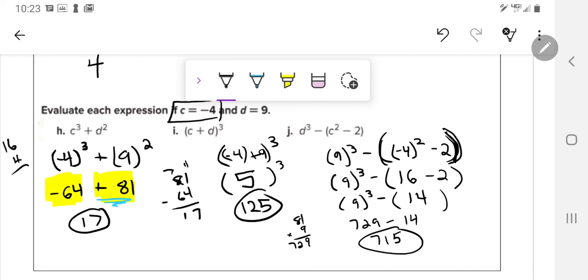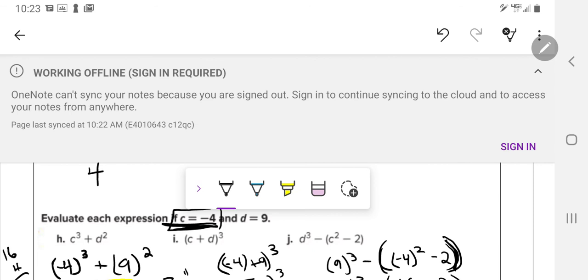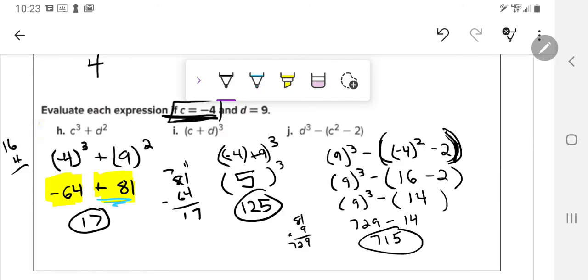Hopefully that wasn't too terrible. There are some really important steps, like when you have a negative that you have to substitute, especially with powers. Make sure you keep that in parentheses, and it'll help you keep track of everything. Show all your steps, and good luck with the homework.